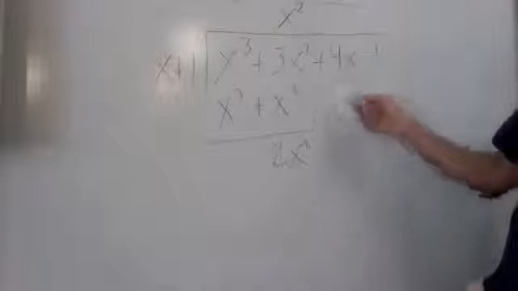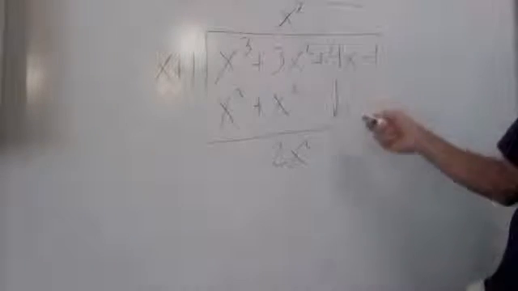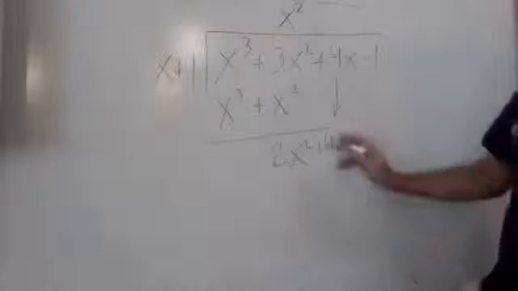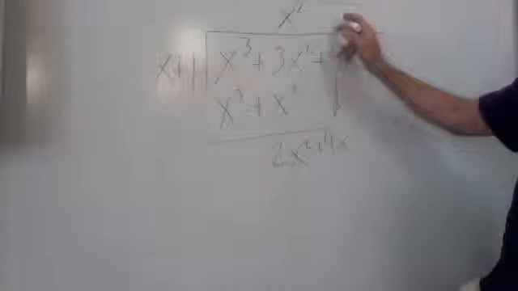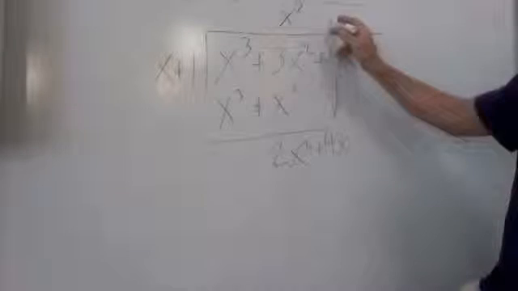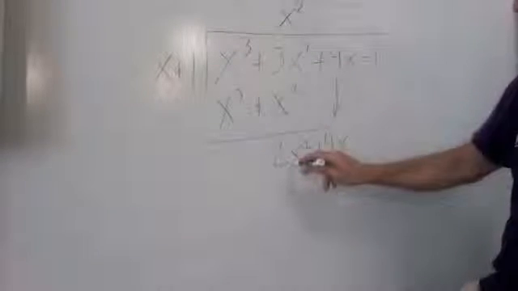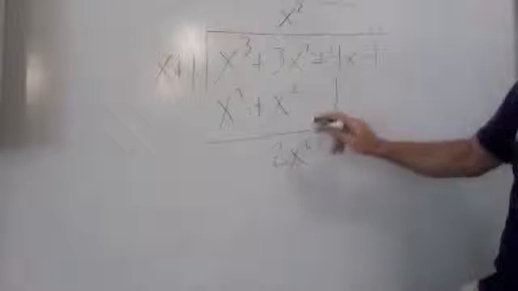Again, just like long division, we bring down the next term, plus 4x. And then I think to myself, is there anything I can multiply here in this place, multiply by that, and at least match up with this first number? Well, there is.